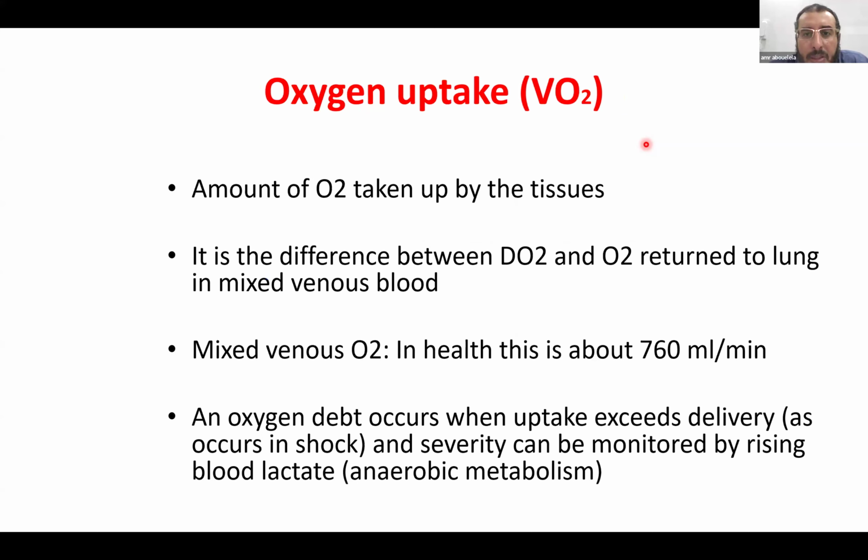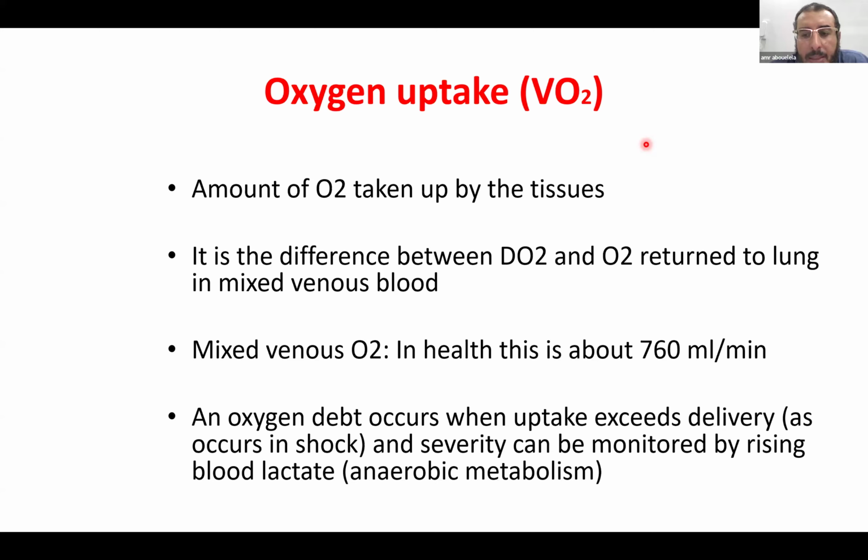Part of the equation, of course, is the oxygen uptake. How much oxygen in a normal situation is taken by the peripheral cells. Of course, the oxygen uptake is the difference between the oxygen delivered in the arterial system and the oxygen returned to the lung in mixed venous blood. In the mixed venous blood, oxygen is around 760 ml per minute.